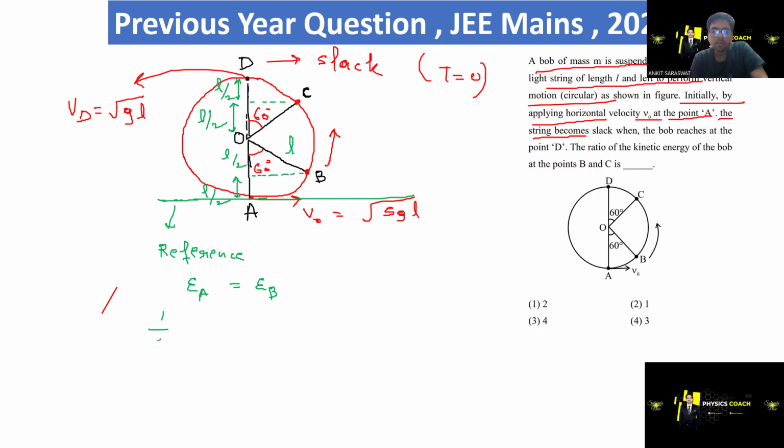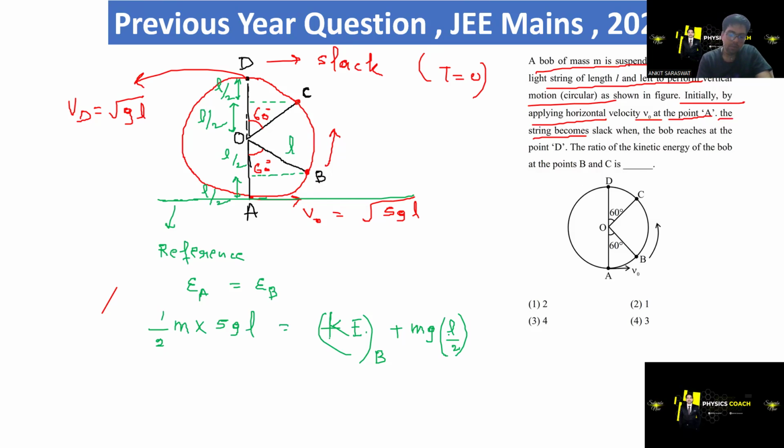So half m V naught square is equal to kinetic energy at B plus potential energy at B. mg, it is going up, so mg L by 2. Clear? Now you can solve how much kinetic energy at B. 5 mgL by 2 minus mgL by 2. Okay, so it will be how much? 2 mgL.